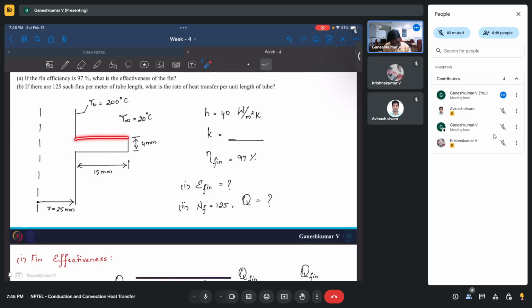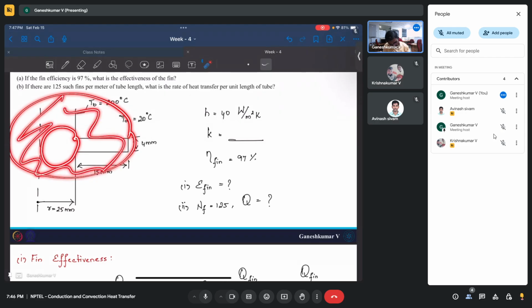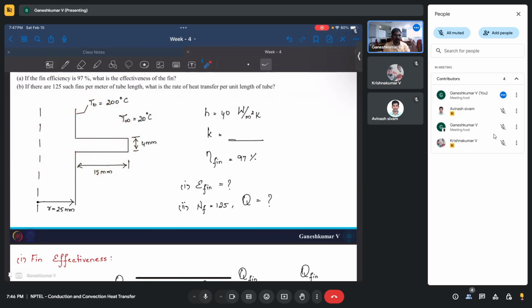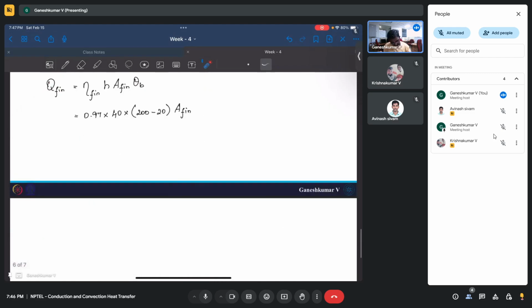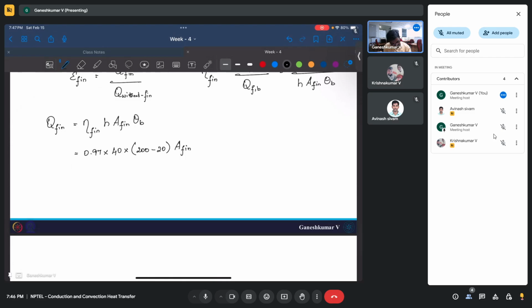So this is nothing but a circle and an inner circle, and then the surface area of the fin is this concentric circular area. Basically it's a disk. Maybe I will draw it here for better clarity.